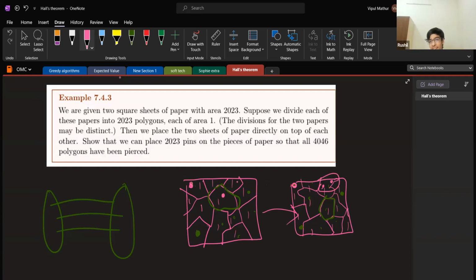So you got two pins in the same polygon, and that will be bad. You need to make sure they're in different polygons on this one, but also in different polygons on this one. And that's non-trivial because their shapes are completely independent of each other. Do you see why now? Or does it still feel like it should be very easy?